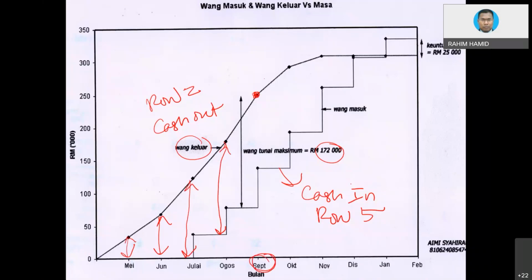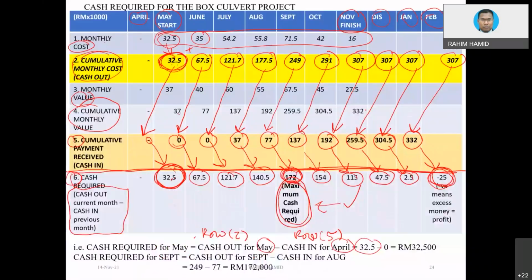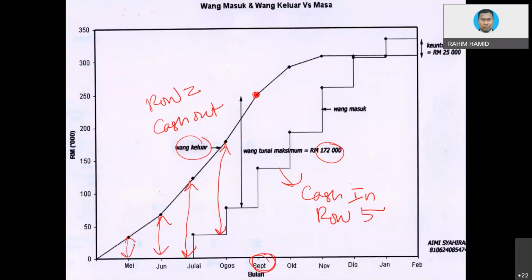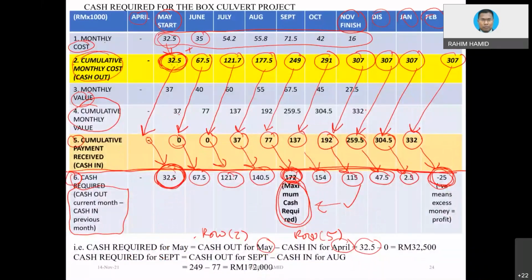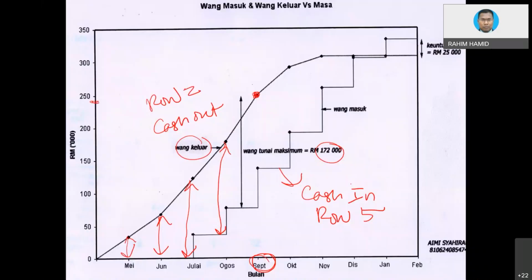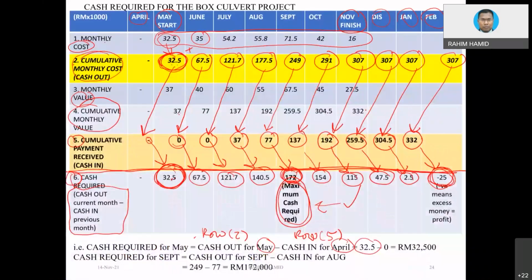What we did just now, how do we get 172? It is basically 291. So where is it? 249. Okay, 249 is here. You see, this is 249K. This point here, we deduct with 77.